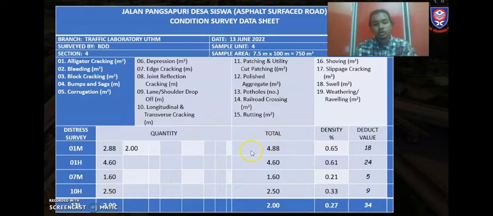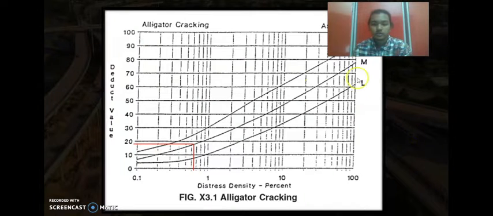When we have the total of the distresses, we can find the density by dividing it by the sample area and multiplying it by 100. So we will get the density like this. Next, to find the deduct value, we must use the graph for each distress. The graph for each distress is different. For example, I choose alligator cracking.